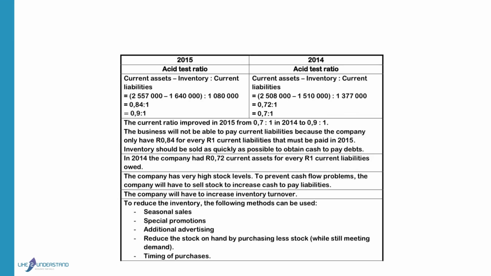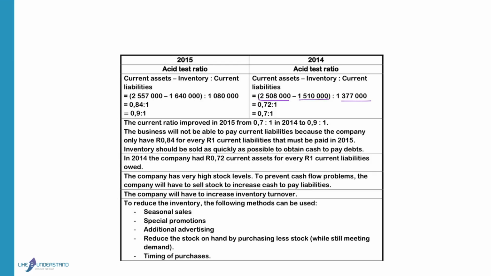We will now calculate the asset test ratio. In 2014, we will take the total current assets and we will subtract the inventory that's available in 2014 at the end of the year, and we will take the reduced amount and compare it with our current liabilities. And what do we see now?